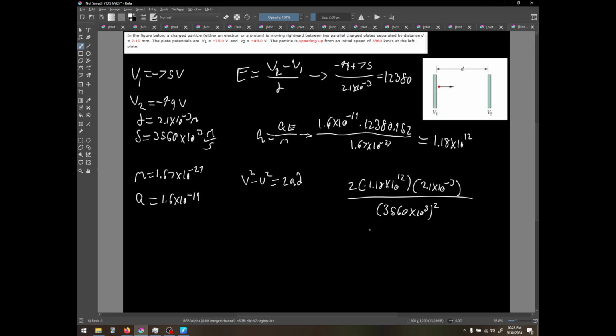And then if I do 3560 times 10 to the third, and I parenthesize that, and of course I get the glitched parenthesis. Yeah, error syntax. I syntaxed it right. You're just a bad calculator.